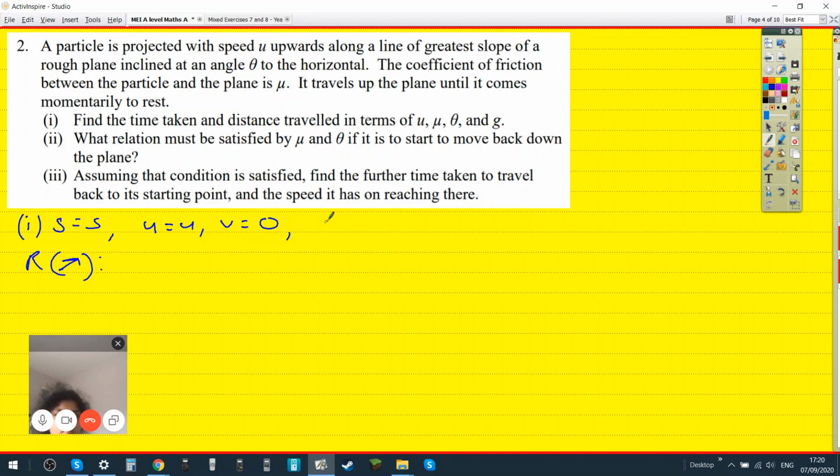What is a? Not sure. Would it be mg cos theta, because it'll be acting against it? No. Why would mg be the acceleration though?